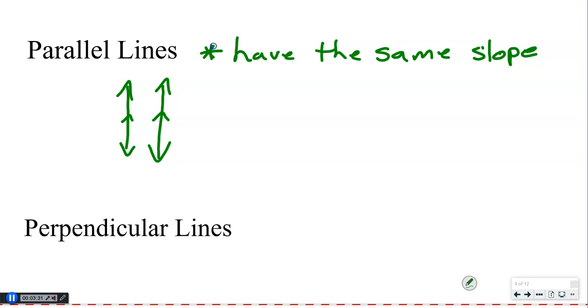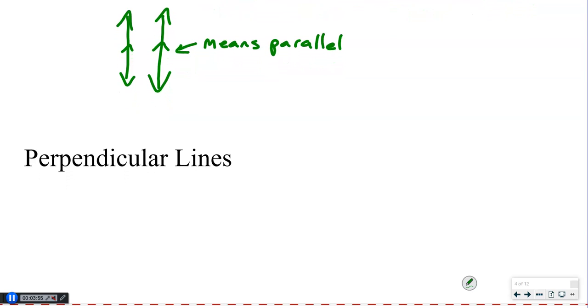They never get closer or further apart. They're just parallel, and you're going to see them marked with those little arrows, which means parallel. So if you ever see those markings, that means they're parallel lines. So parallel lines have the same slope.